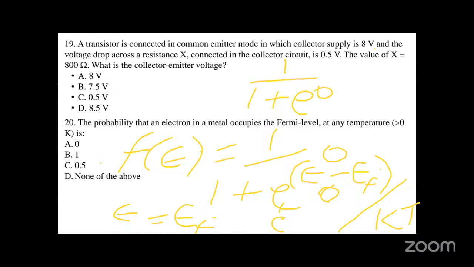Anything raised to 0 is 1. So that gives us 1 over 1 plus 1, which is 1 over 2, and that gives us 0.5. So our answer is C.